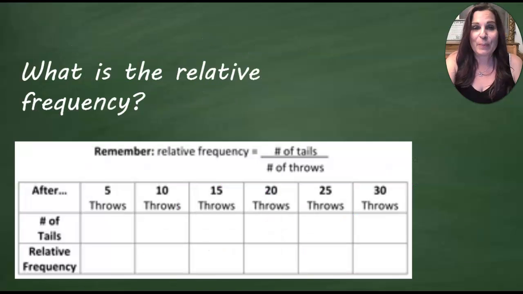So in this table, I'm going to be recording the relative frequency, right? Relative frequency is the number of tails, in this case tails. I should have asked what's the probability of getting tails, but it's the same, right? So what is the number of tails out of the number of throws? Okay, so let's look at the first 5 throws.